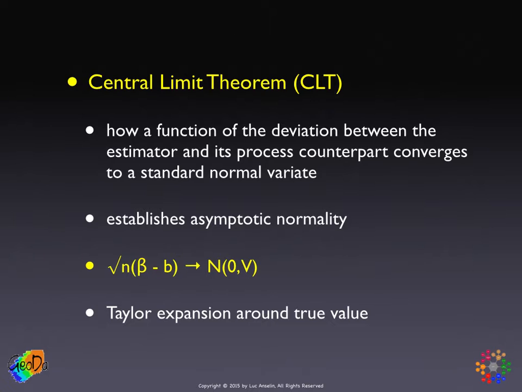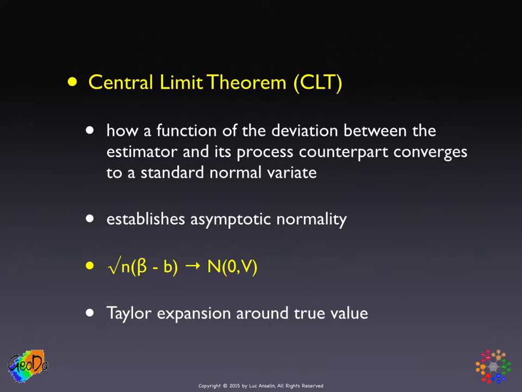It doesn't have a distribution. So that is the sense in which asymptotic normality needs to be understood. It's not normal in the limit, but as it moves to the limit, the variability of the estimator around a true parameter value follows a normal distribution.